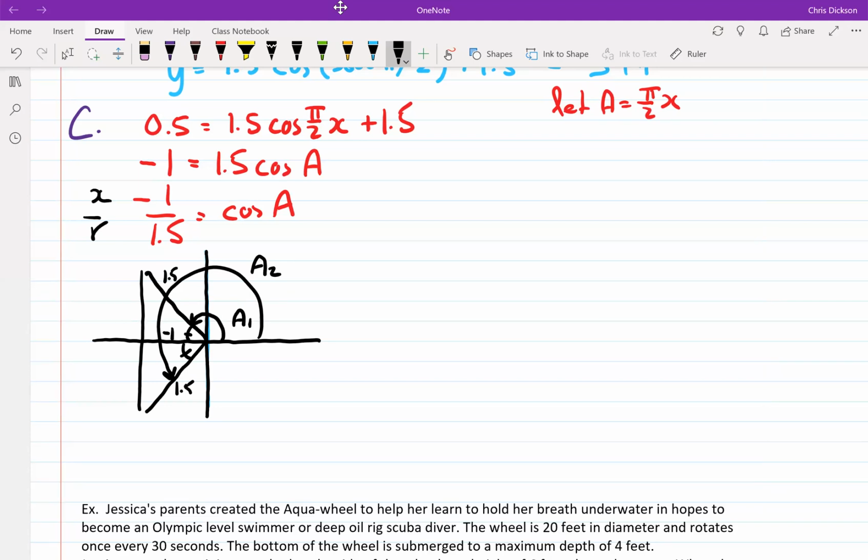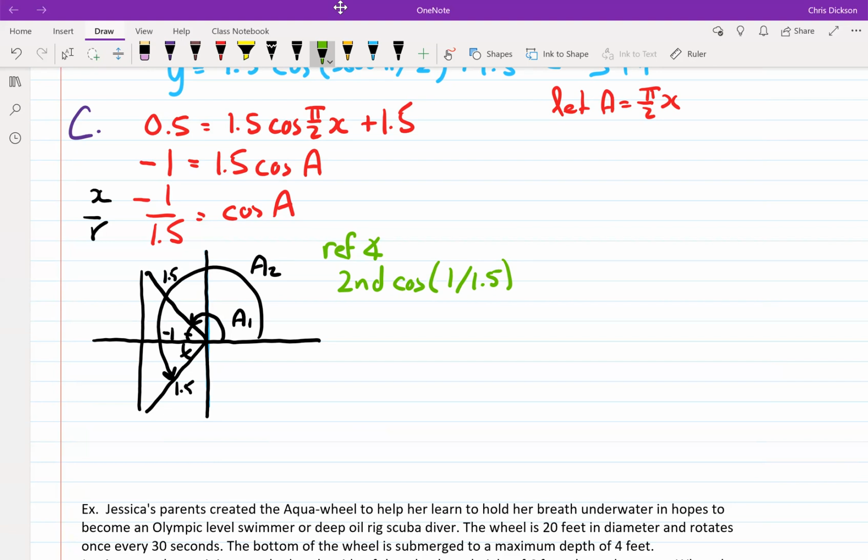So I'm going to look for my reference angle. To find the reference angle, I go second function cos of +1 divided by 1.5. Notice I'm not using the negative here because I don't really need to know that right now. I just want to know what the reference angle would be.